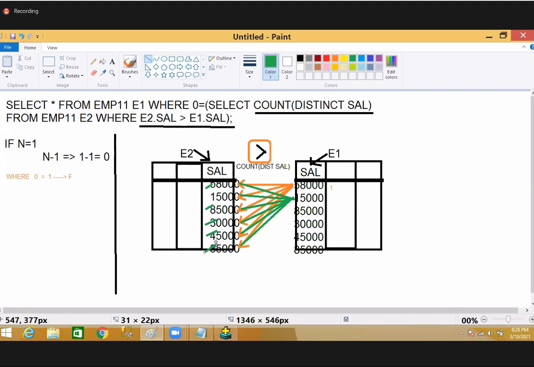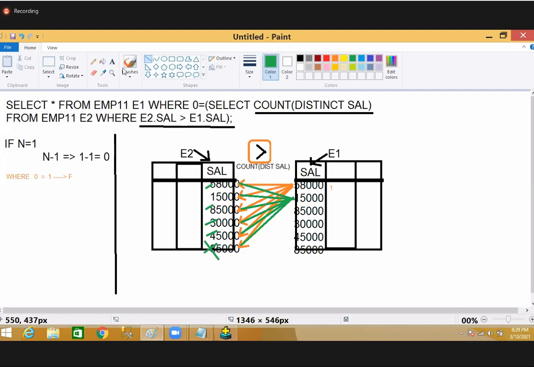But out of 5 values, one duplicate is there, right? Is the duplicate counting or not counting? So that means one duplicate doesn't count. Now that means how many values?